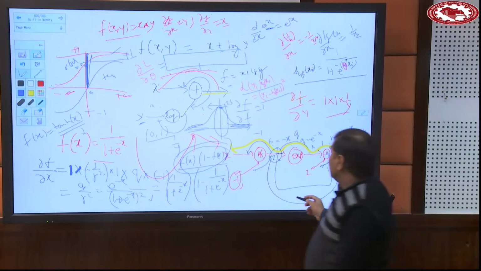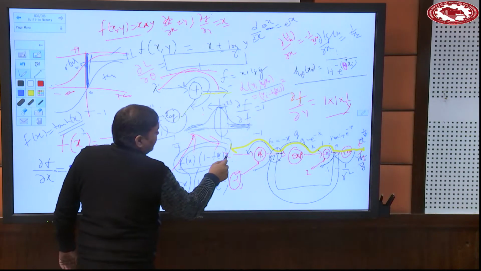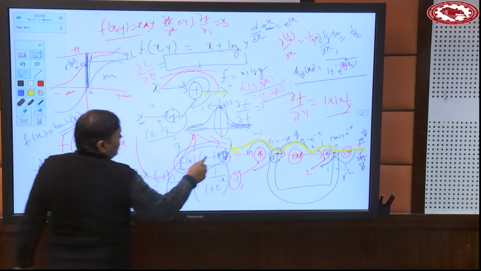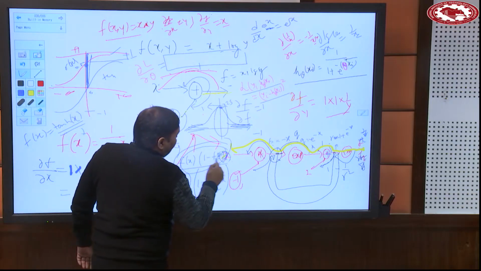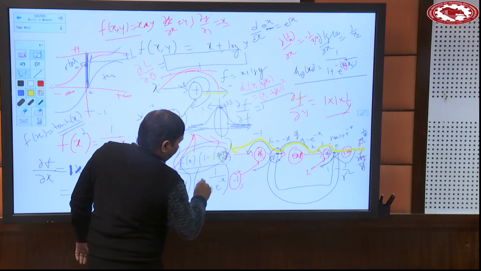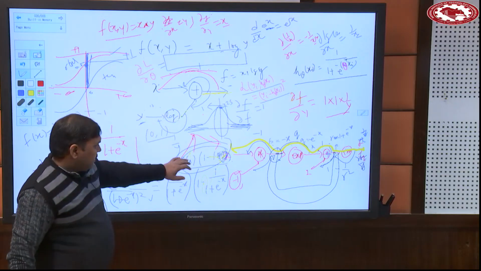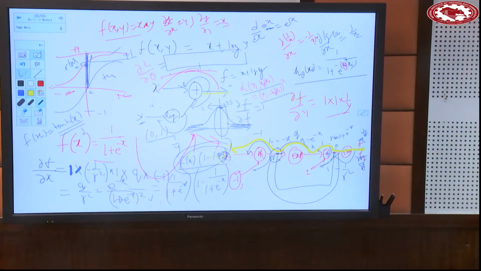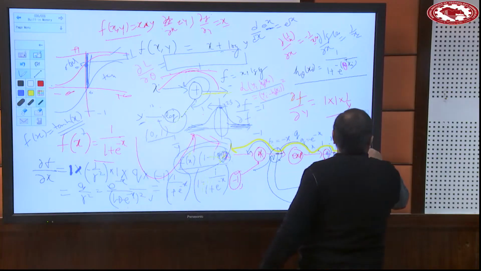Maybe I can change the color. So this is a multiplication operator. Here xi is the input and theta is the input. Is it clear? Theta and xi. Now we have added this component, and this f becomes L now.